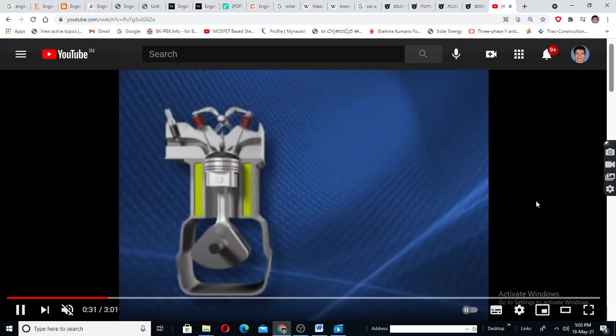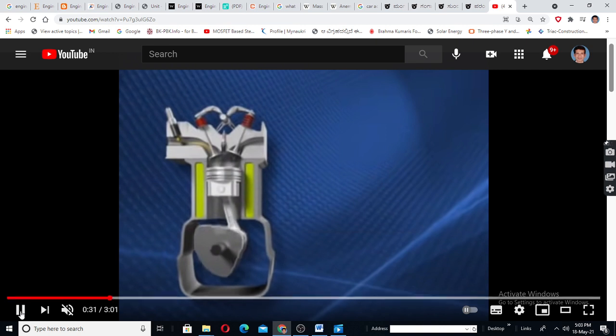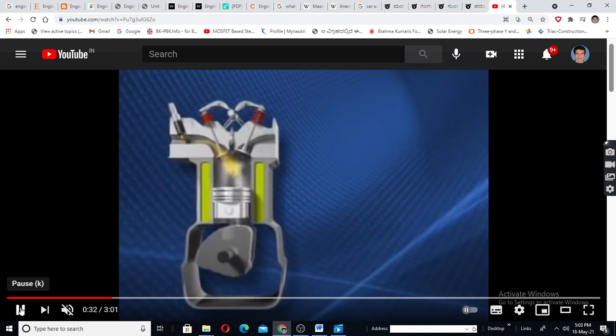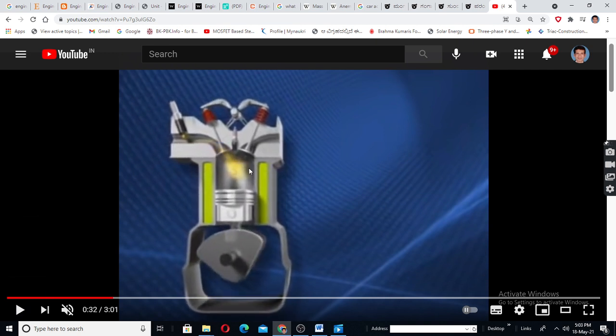See, now this is open. Fuel is entering, from TDC to BDC. TDC means top dead center. BDC means bottom dead center.